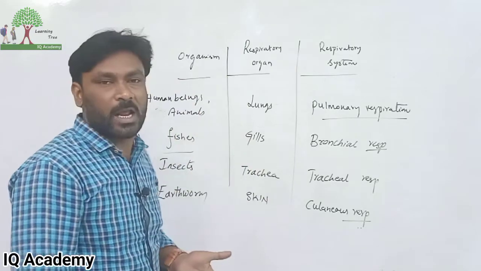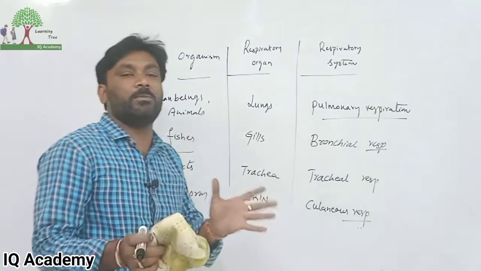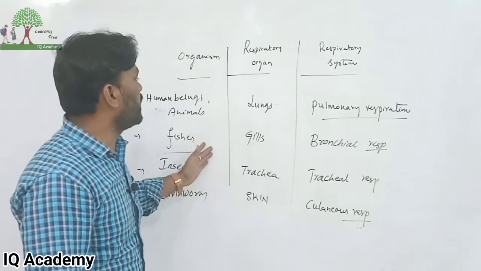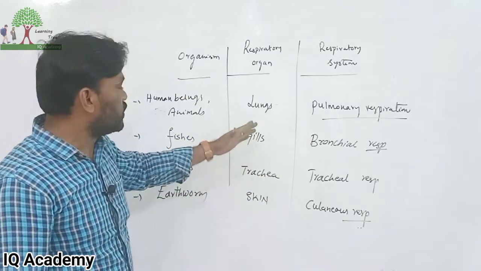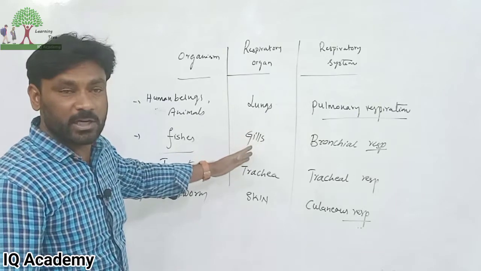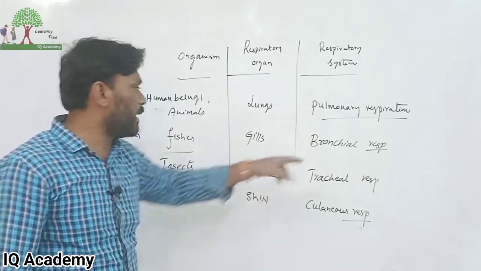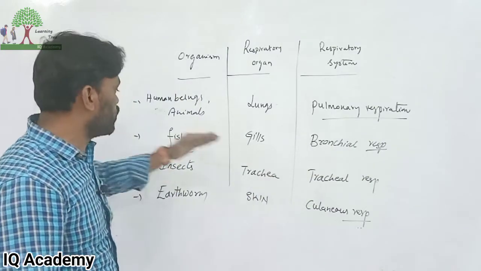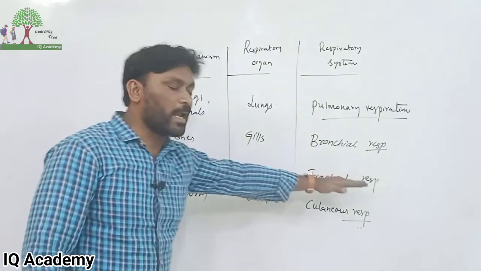Fishes are aquatic organisms because they cannot live on land; they only live in water. Their respiratory organs are gills, and respiration through gills is called bronchial respiration. Insects respire through the trachea, called tracheal respiration.